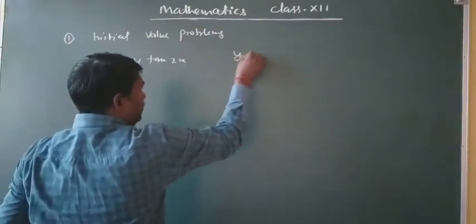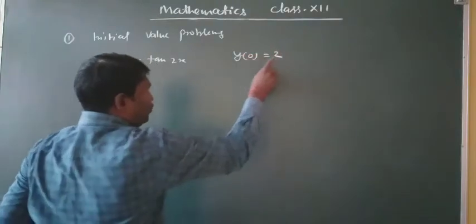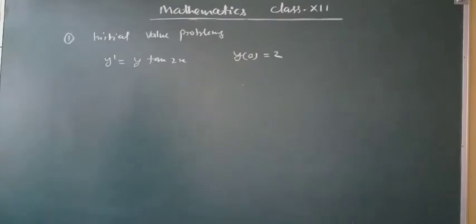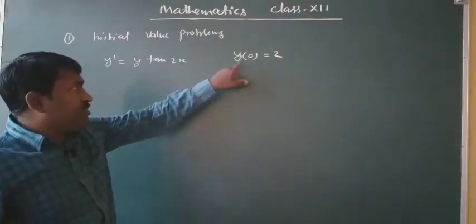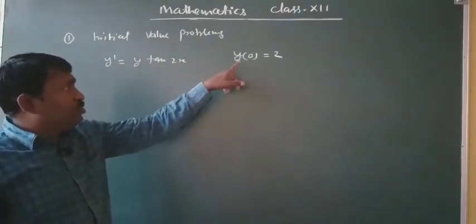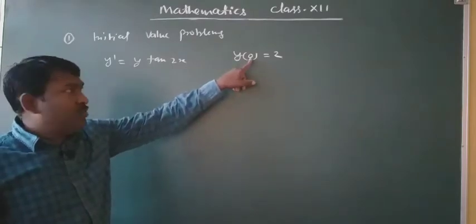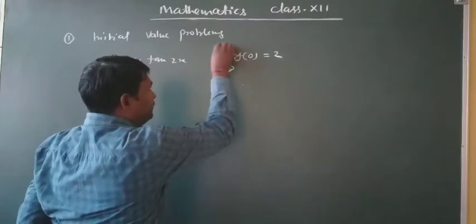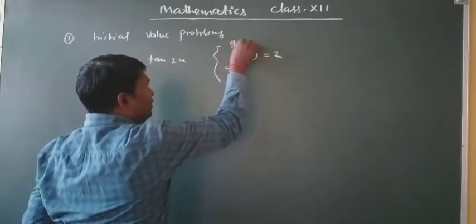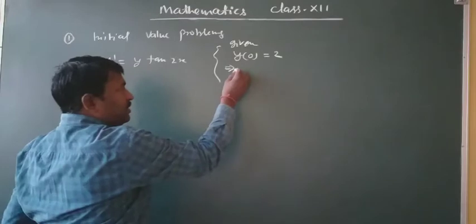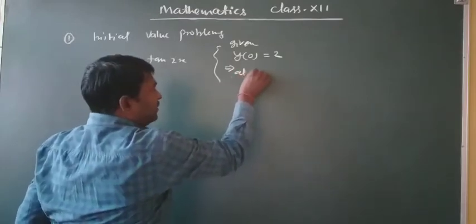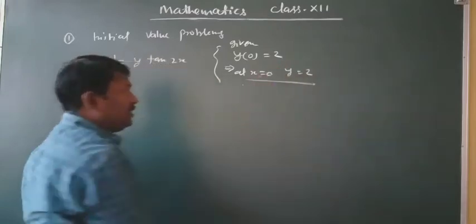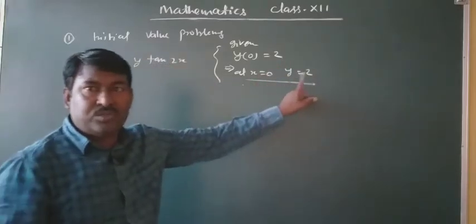Since y is a dependent variable depending on x, y at 0 means when x is 0, y is equal to 2. The meaning of this is, at x is equal to 0, y is equal to 2.